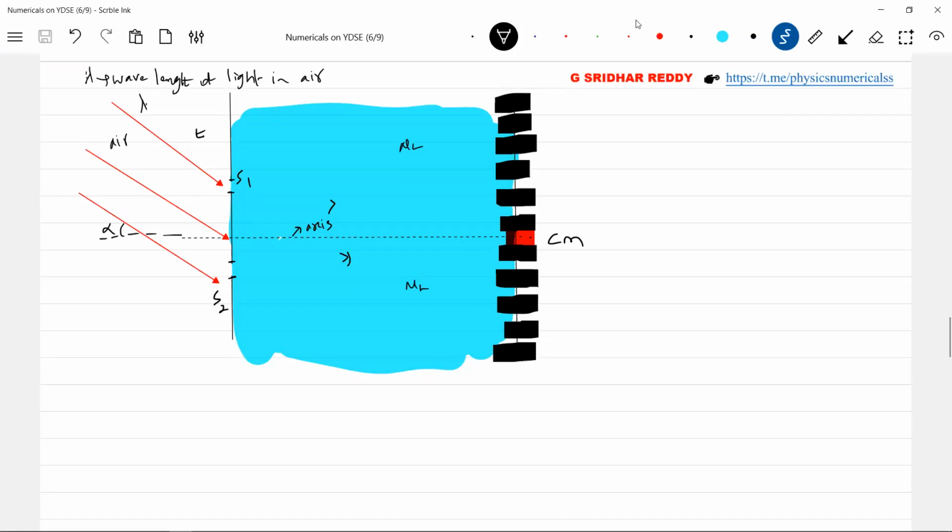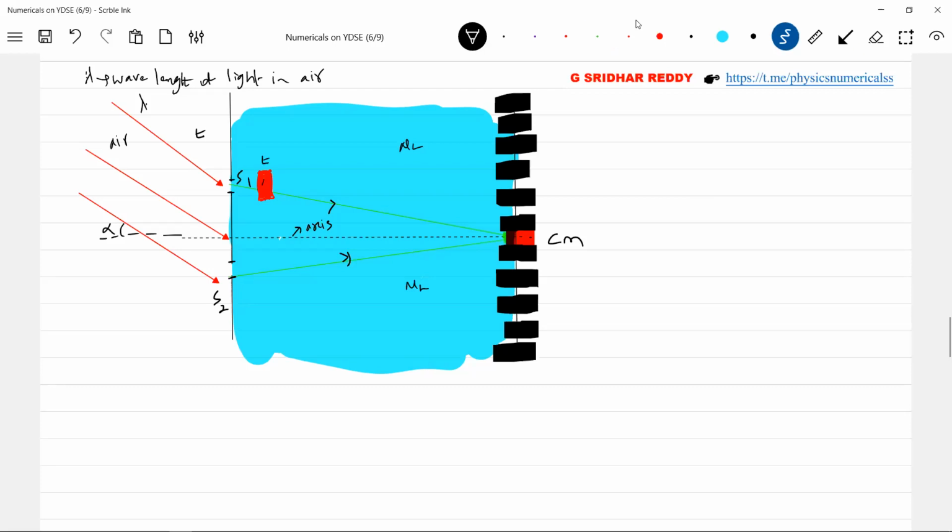Or let me put one slab here. Straight away, let me ask that conditional question. Okay, this is the slab that is brought, and I want the central maxima at the axis. And there's a liquid filled up.